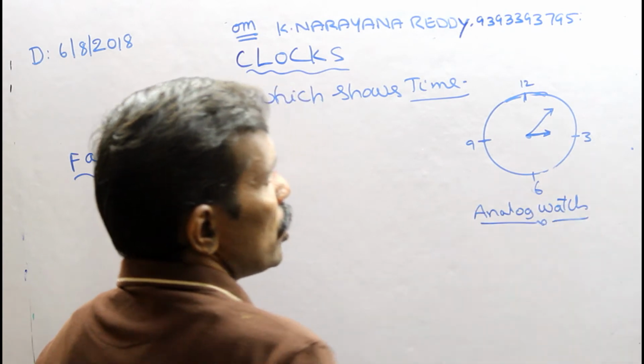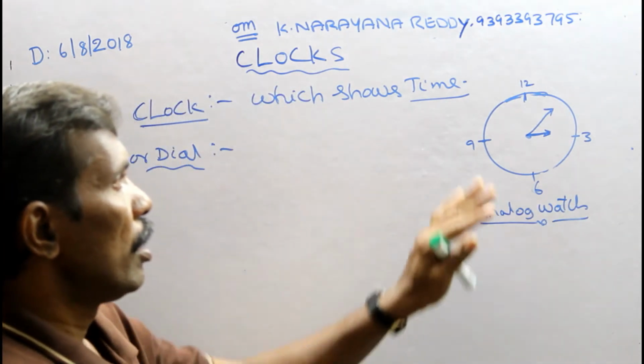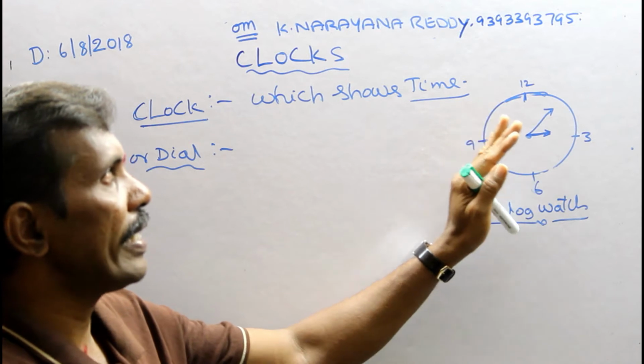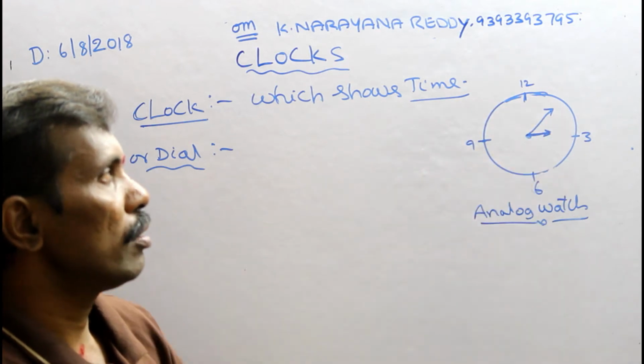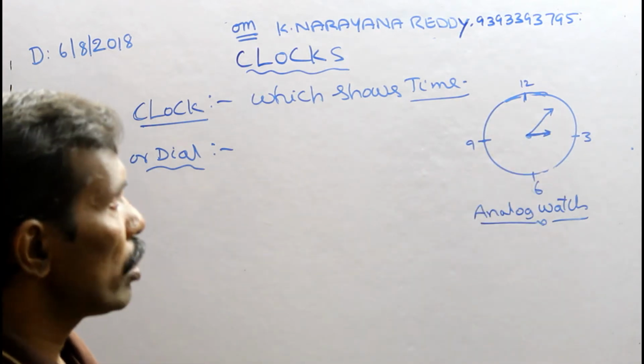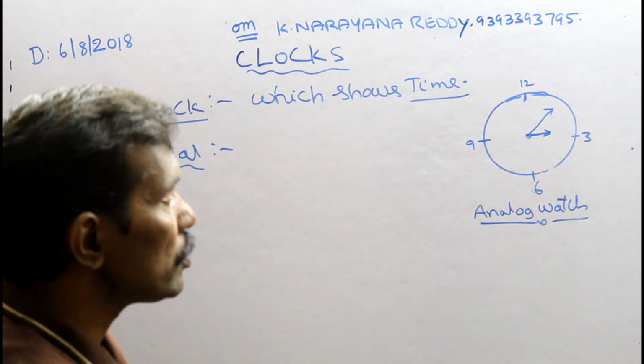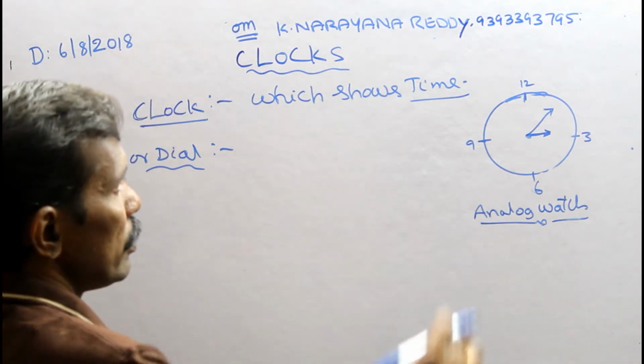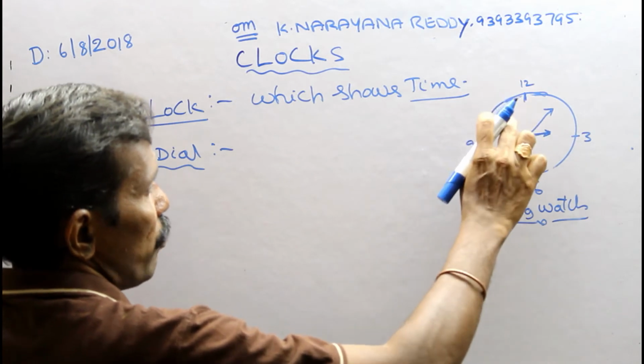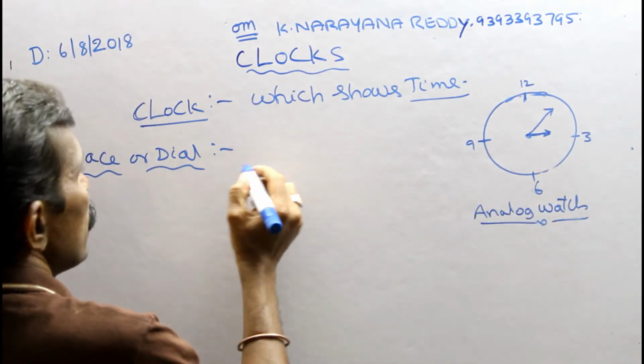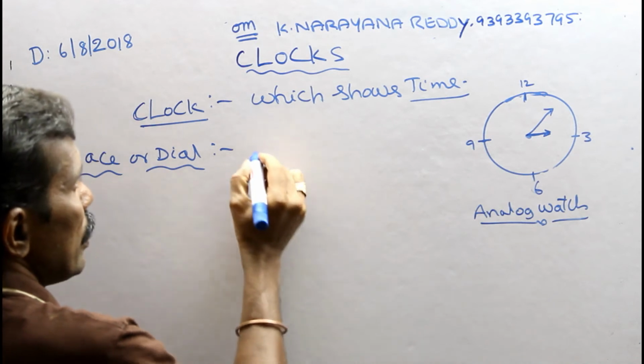This analog watch contains 2 hands. I will tell about those, but before that, the face is a circle.